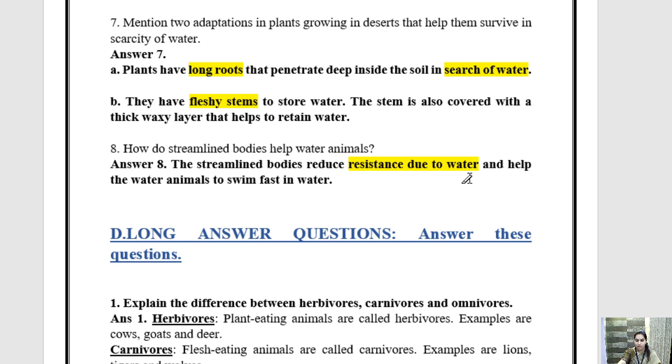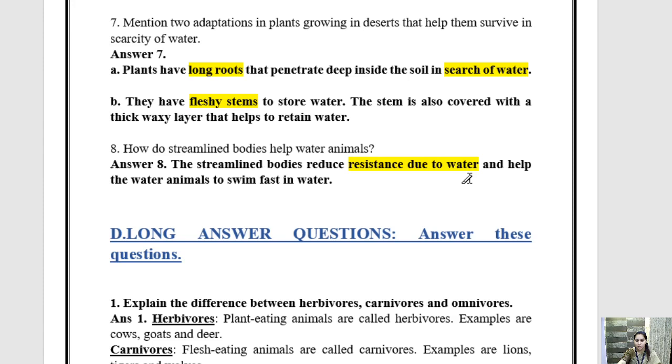Herb matlab plant, toh jo plant khaate hain unko hum bolte hain herbivores. Carnivores, jo sirf meat aur flesh khaate hain unko hum bolte hain carnivores. Jo dono khaate hain unko hum kya bolte hain, omnivores. So we humans are omnivores. We can eat both plant also and flesh also.